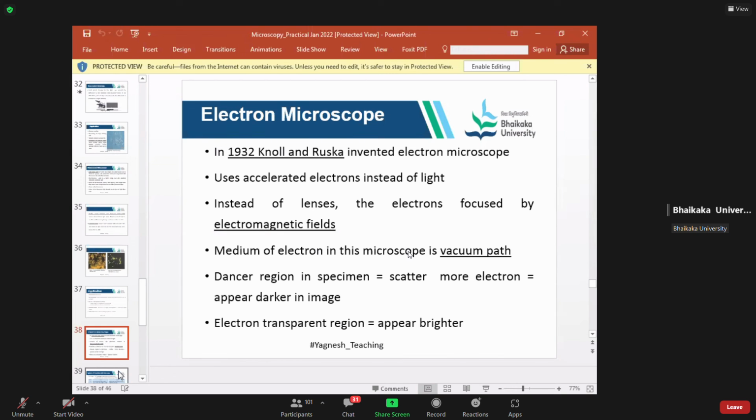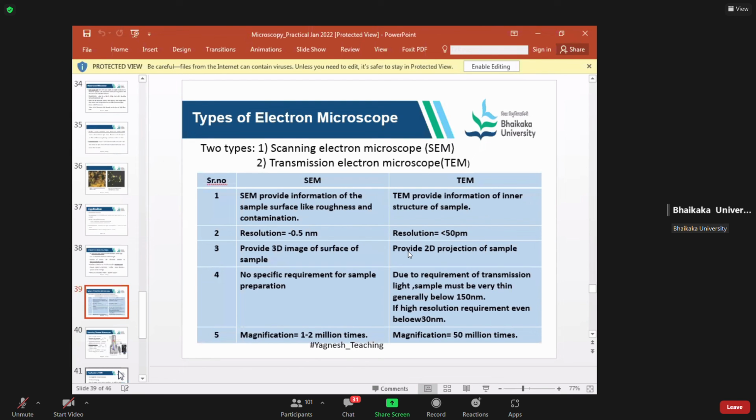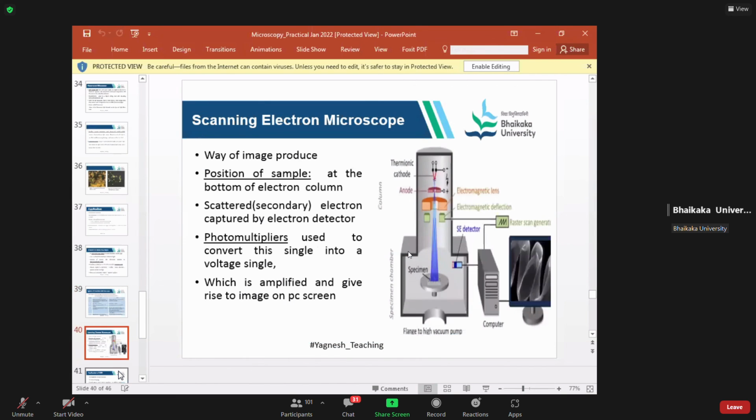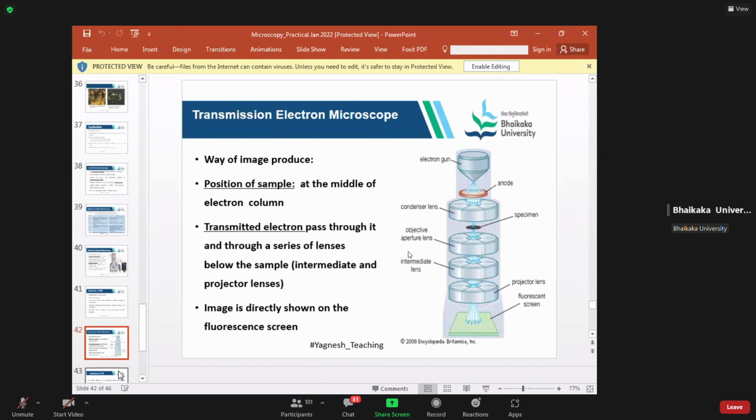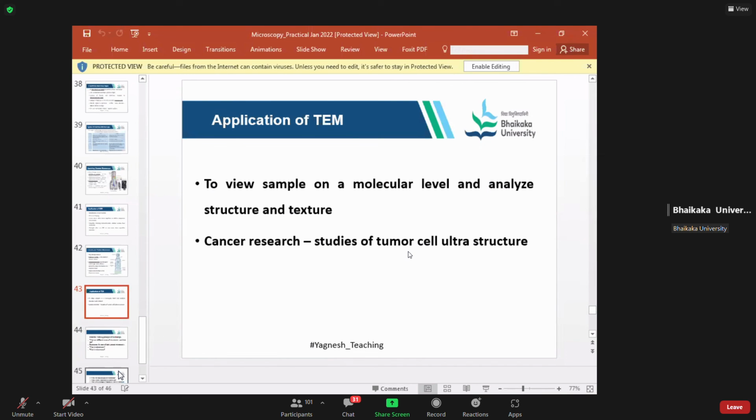We are using different techniques, indirect evidences for the identification of microorganisms. So actually, there is no need of this at our place. There are scanning electron microscope and transmission electron microscope. So you read this theoretical aspect from the book: scanning electron microscope and its applications, transmission electron microscope and its applications.